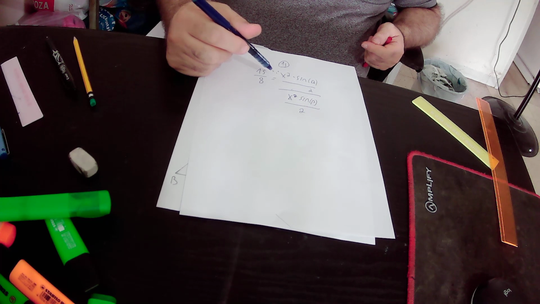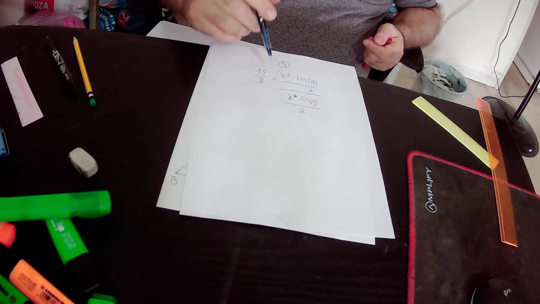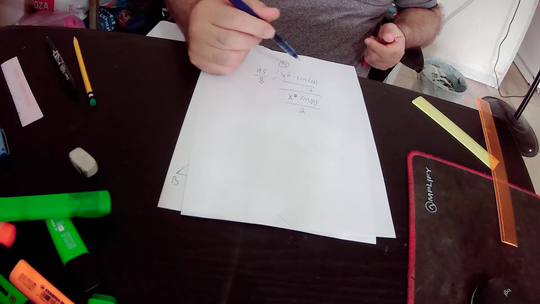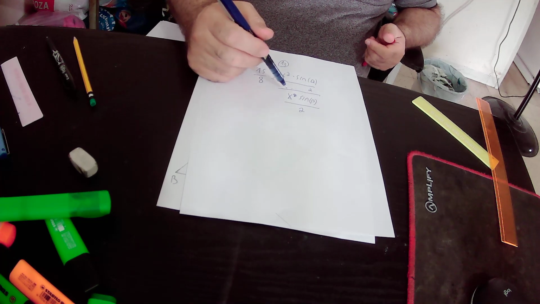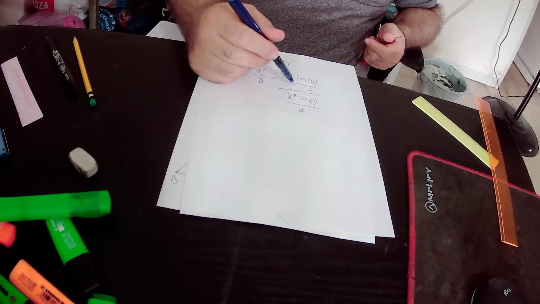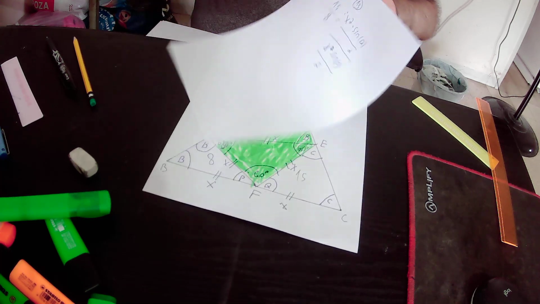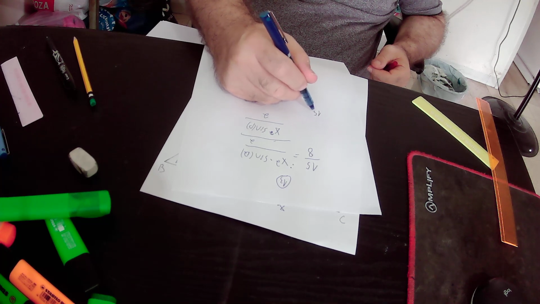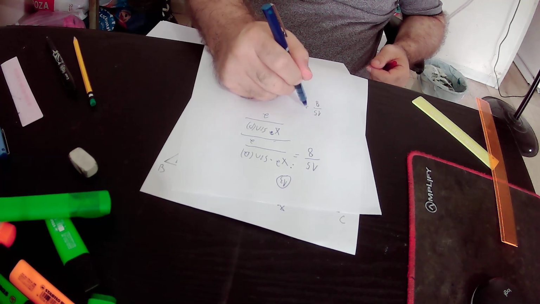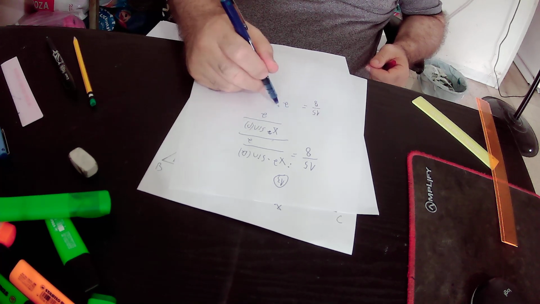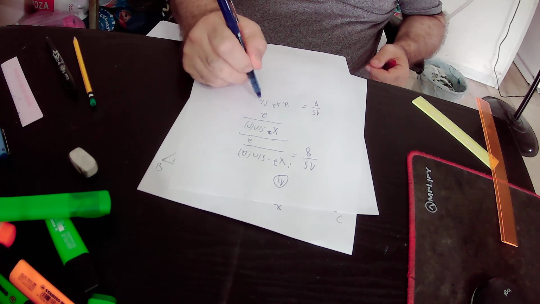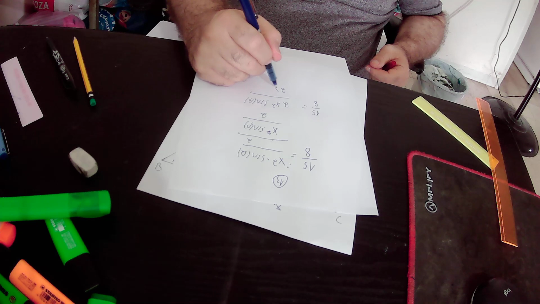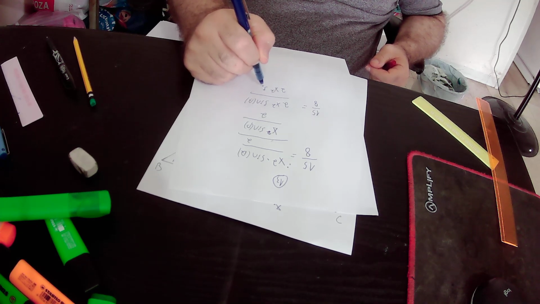Okay, so here we will move 2 to the numerator, and x squared times sine p to the denominator, and we will get that 15 over 8 equals 2 times x squared times sine q over 2 times x squared times sine p.